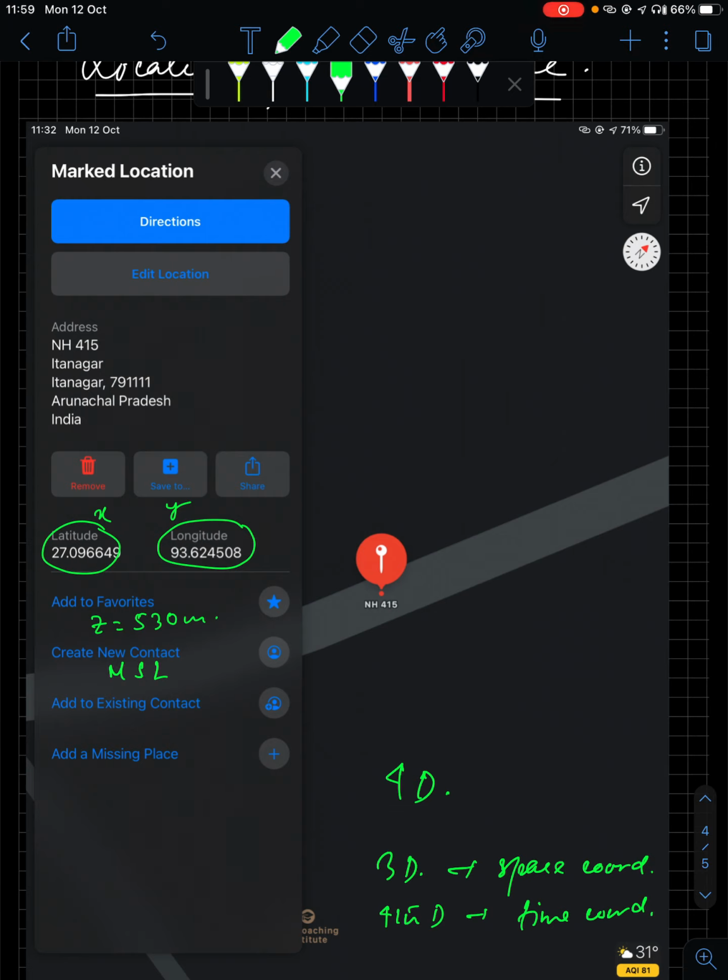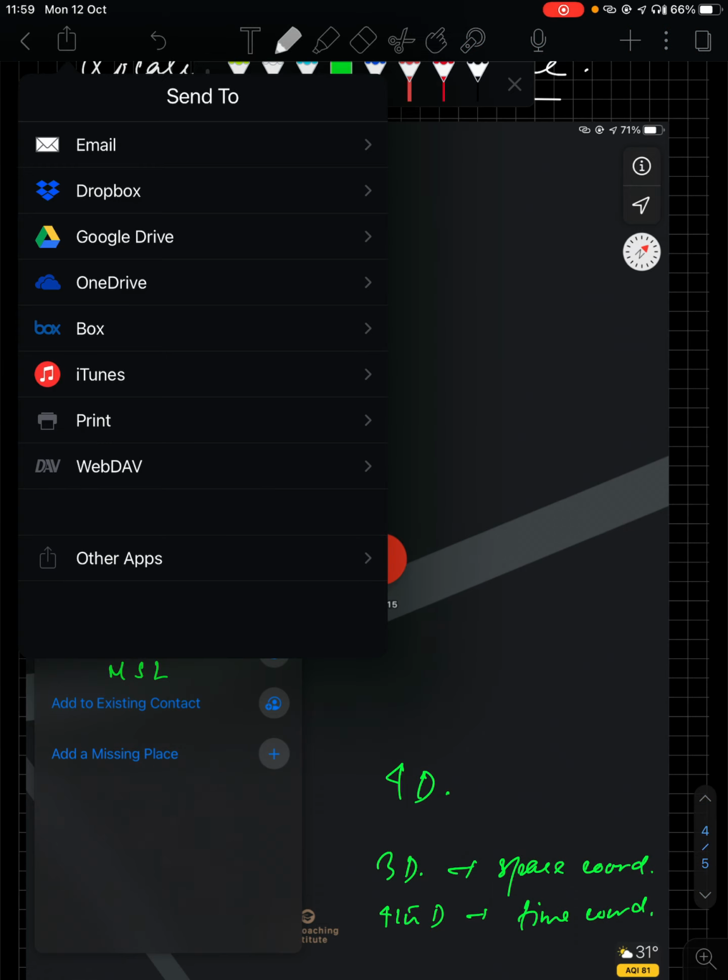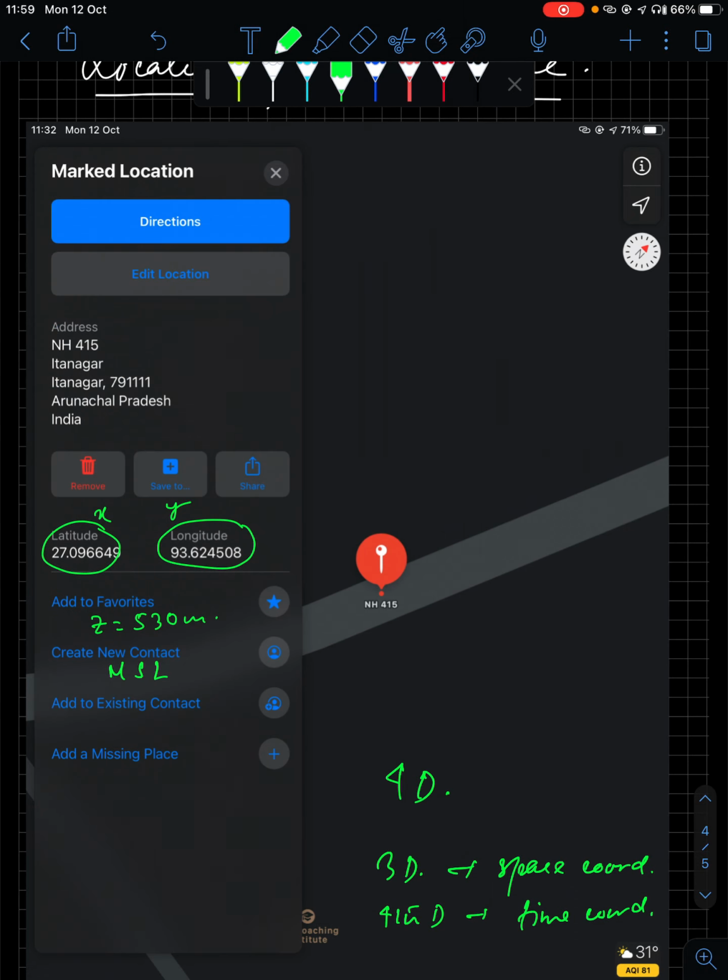Now, you want to meet a person and the person doesn't share the live location, but he has shared the x, y, and z axis on the global map. So with the help of this x, y, and z axis, you reach that particular place. But say the person stays there from 9 to 10 a.m., and you reach at some other time, say in the evening, then suddenly you won't find the person.